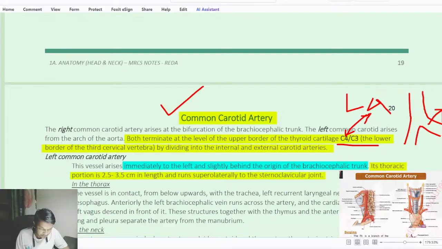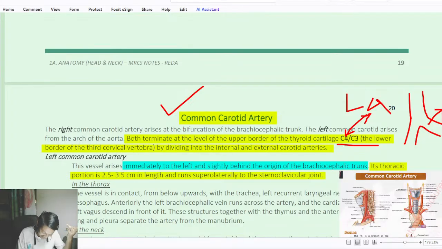The common carotid bifurcates at the level of L4, oh my God. You need to be specific. Which L4? They have an upper border and lower border. I asked common carotid, you did not say iliac.